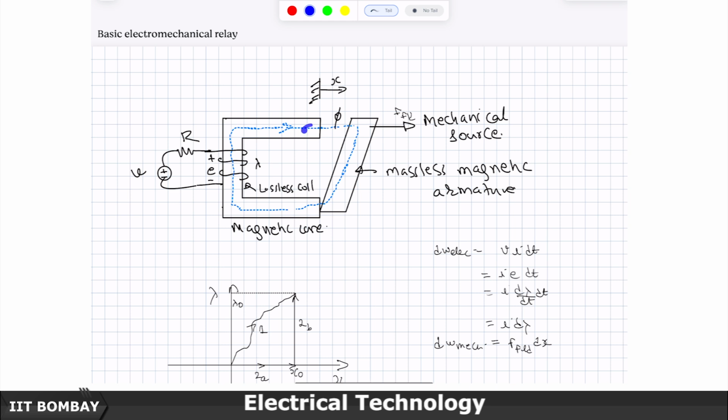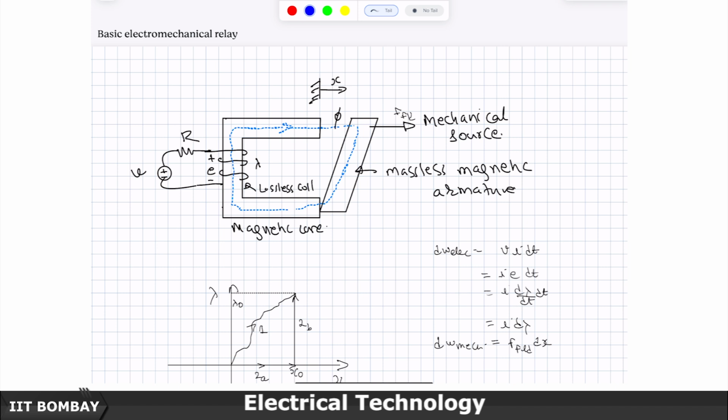So, the lines of flux will try to pull this plunger on this side. But what is happening is we are applying a mechanical source which is pulling it away in this direction, the positive direction of x.